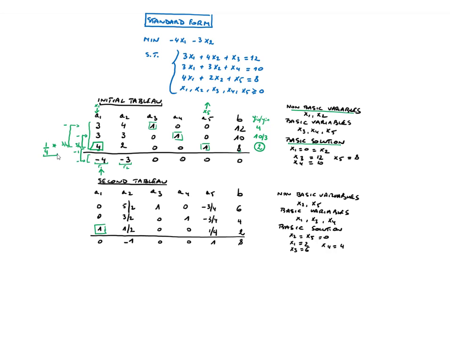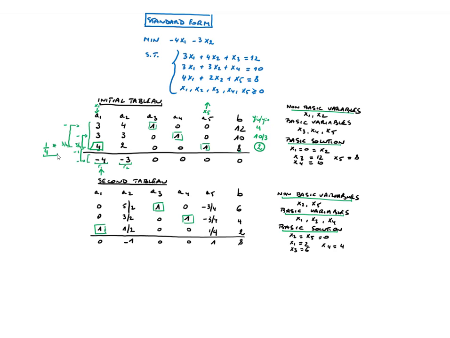I will leave the calculations to you, but if you do these calculations, you end up with this second tableau, and we have non-basic variables x2 and x5, and basic variables x1, x3, and x4 that you can recognize, because that's where you have the pivots and you have zeros below and above the pivots.